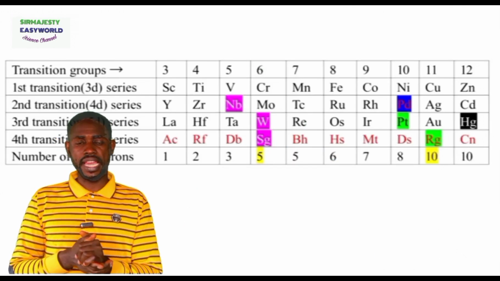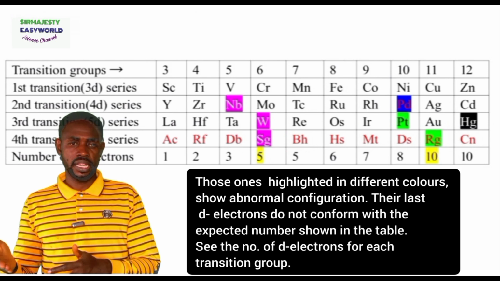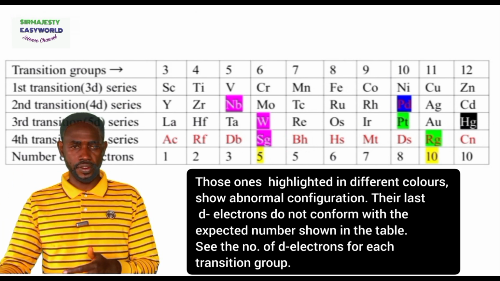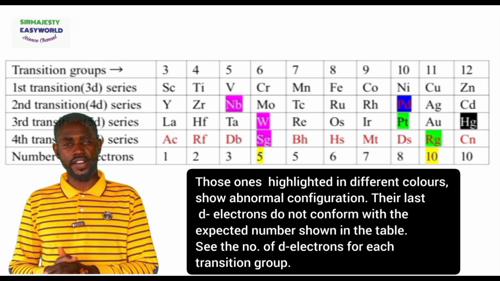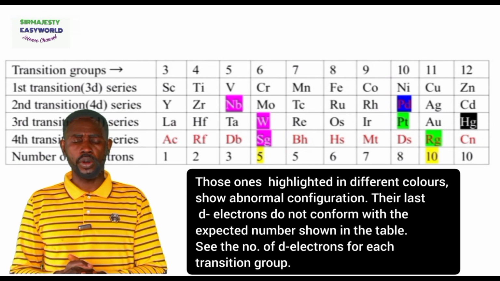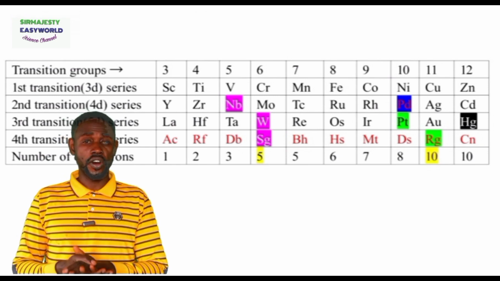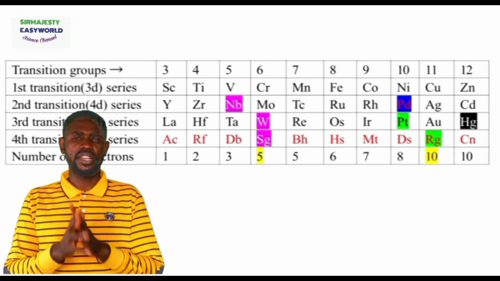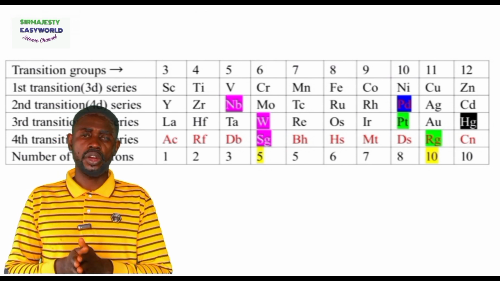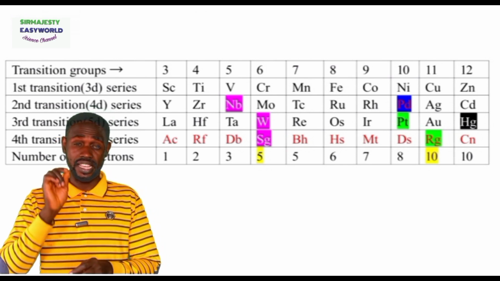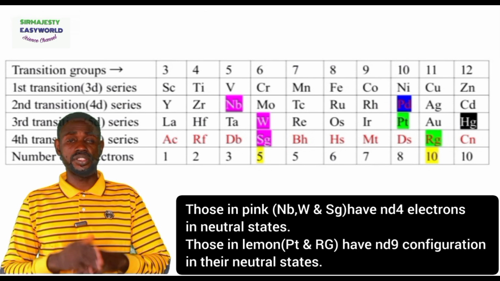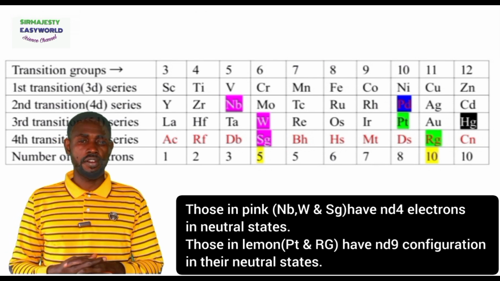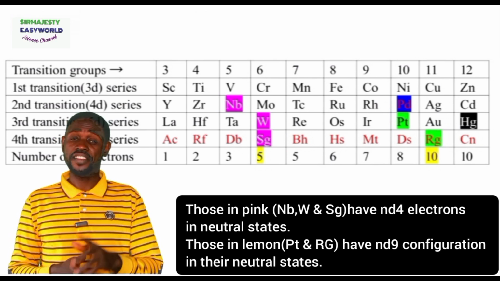Niobium is supposed to end in 4d3 and 5s2, but niobium ended in 4d4 and 5s1. That's a deviation. Another deviation is tungsten. Tungsten is number 74, that's the atomic number. The configuration is xenon 6s2 4f14 5d4.